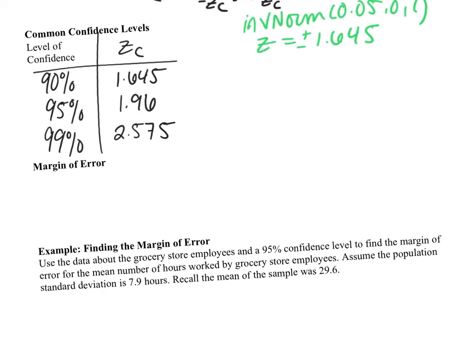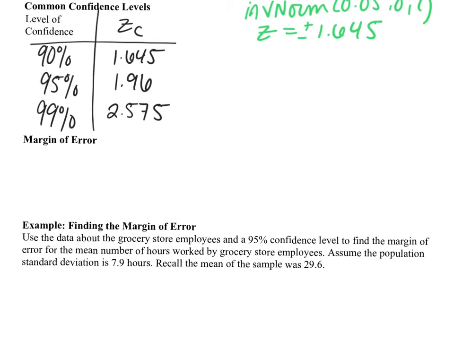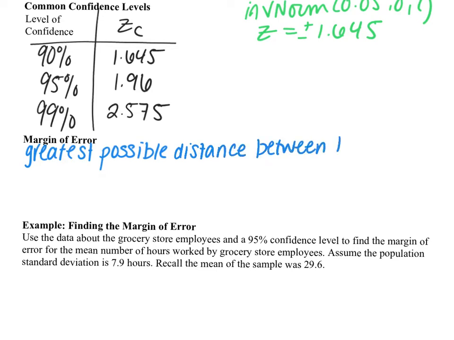All right, let's move on to the margin of error, which is probably something that you've heard before, but you might not have seen this formula. So the margin of error is the greatest possible distance between the point estimate, which is just our sample mean, and the value of the parameter being estimated for a given confidence level.